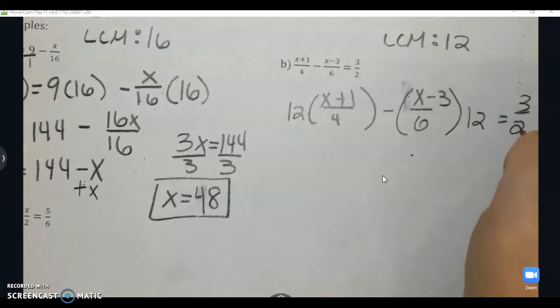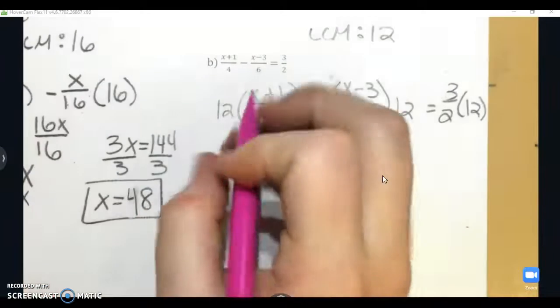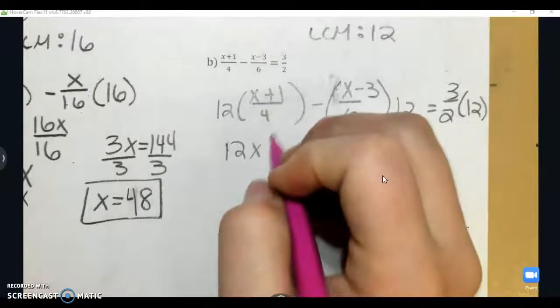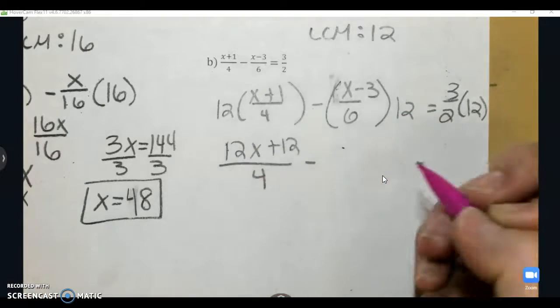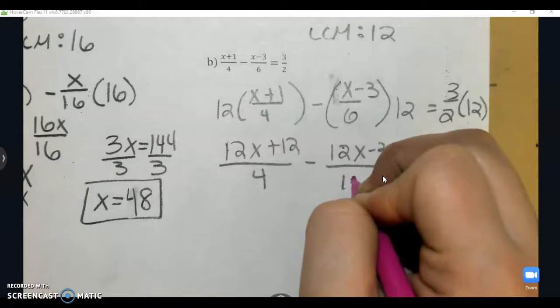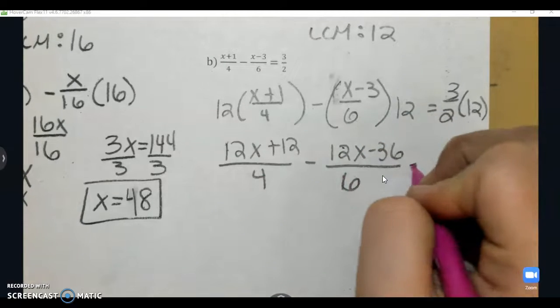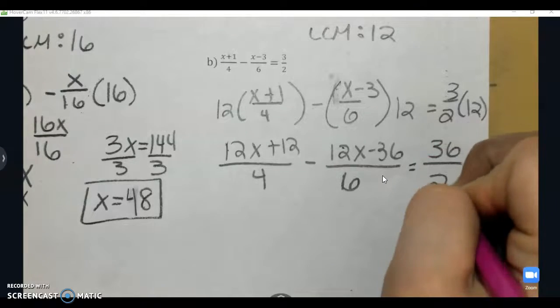And 3 over 2 is going to get multiplied by 12. So we're going to get 12x plus 12 over 4 minus 12x minus 36 over 6 is equal to 36 over 2.